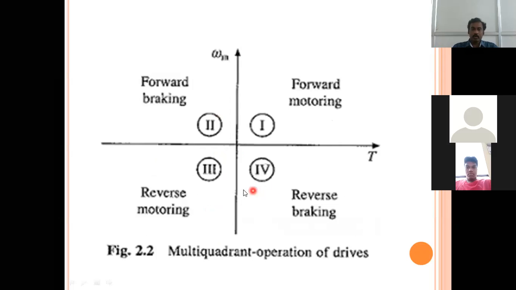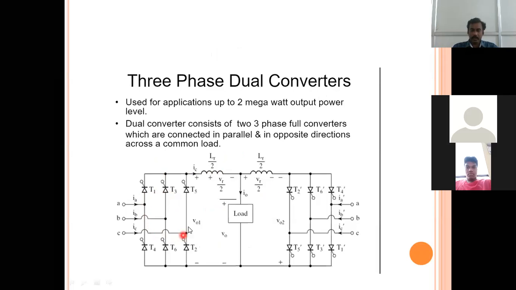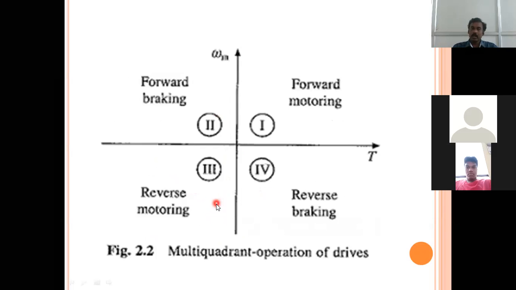So if you consider the output from this particular converter, the current is always going to be positive, but the voltage may be positive or it may be negative, isn't it? Always the current is positive, meaning torque is positive, but the output voltage may be positive or negative.